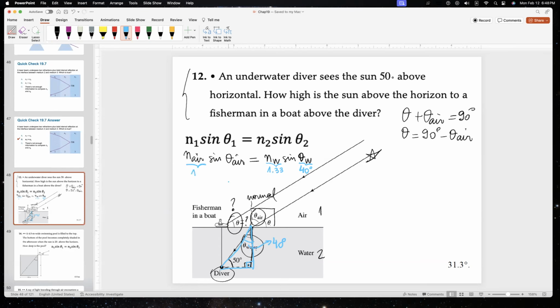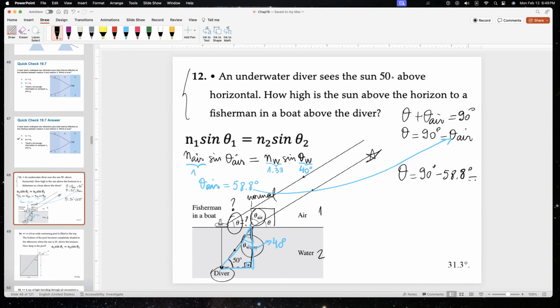So you're going to find sine of theta air, and you take the inverse sine, so you've got to practice that. We want two sig figs at the end, so we'll keep a few extra. It will be 58.8 degrees. Very good. Now I go and plug that in here. The actual theta that I want will be 90 degrees minus 58.8 degrees.